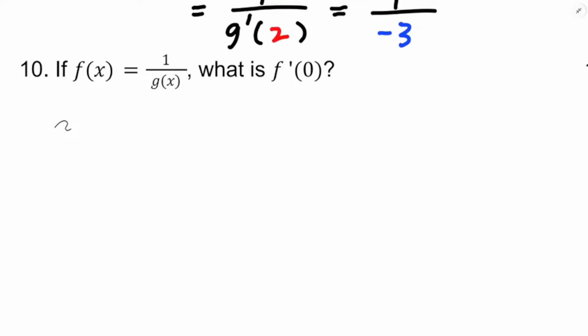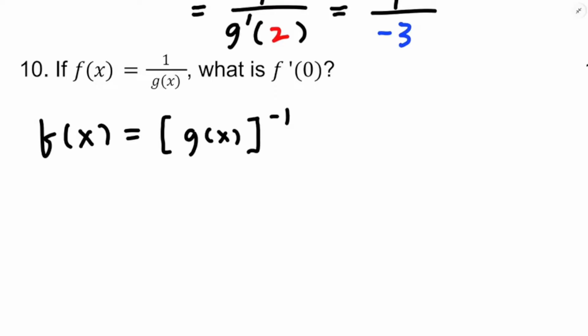So I'm going to rewrite f of x as g of x to the -1 power. So on the outside, I've got the thing to the negative first. Its derivative is negative of that thing to the -2.